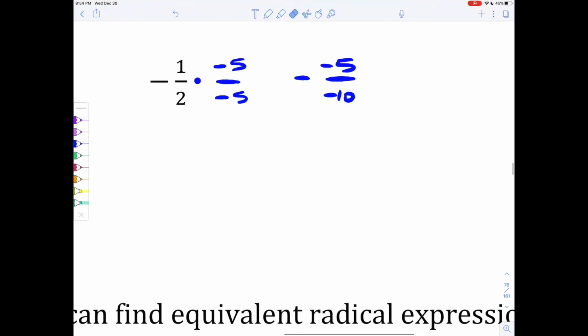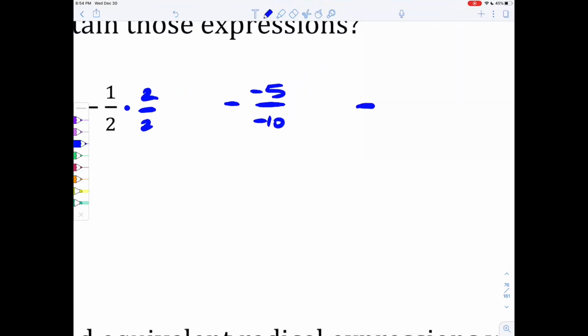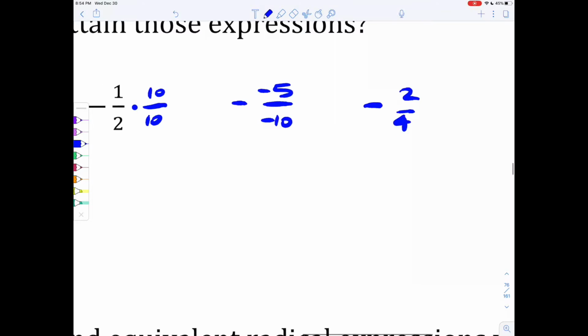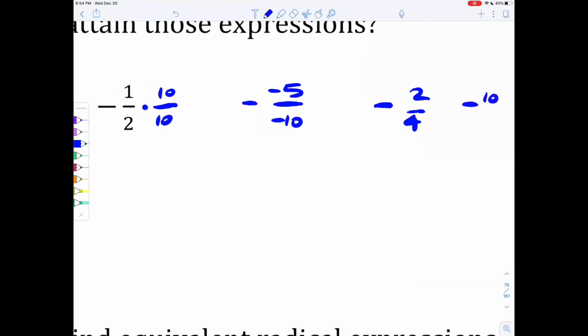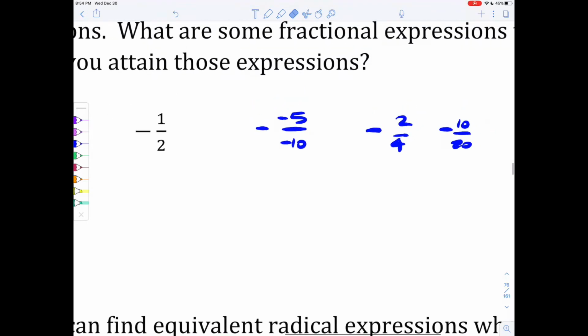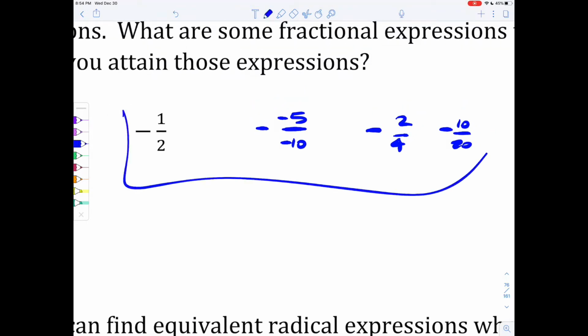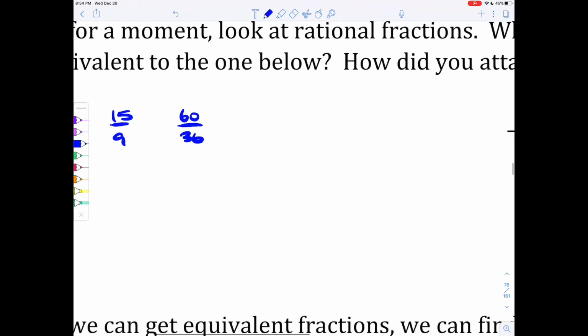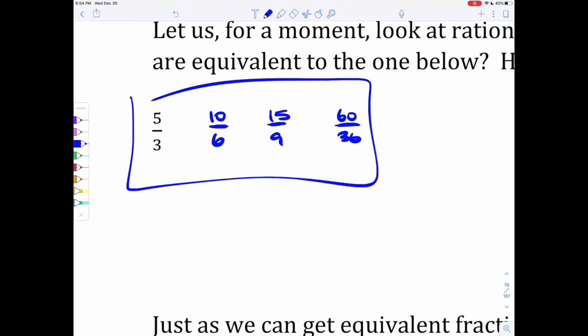Or I could multiply this all by just a straight up 2/2, I think I did in the last one, which gives us -2/4. What about 10? Multiply 10/10. Sure, yeah, I could do that. Multiply by 10/10, which gives us -10/20. So those are all equivalent rationals. These are all equivalent over here, and these are all equivalent over here.